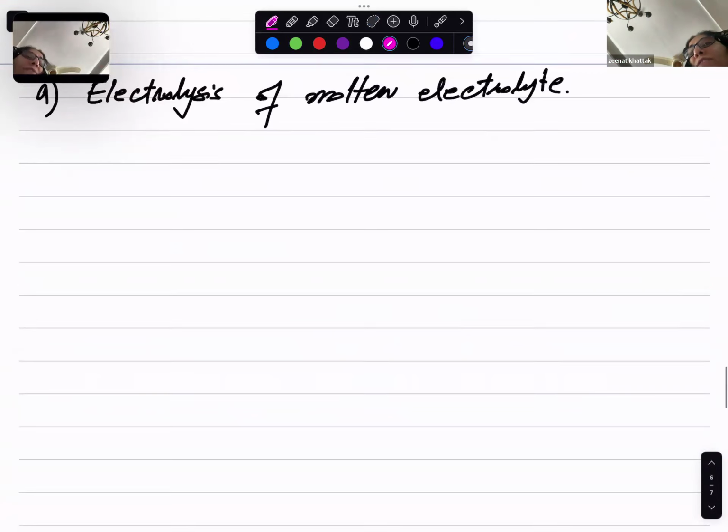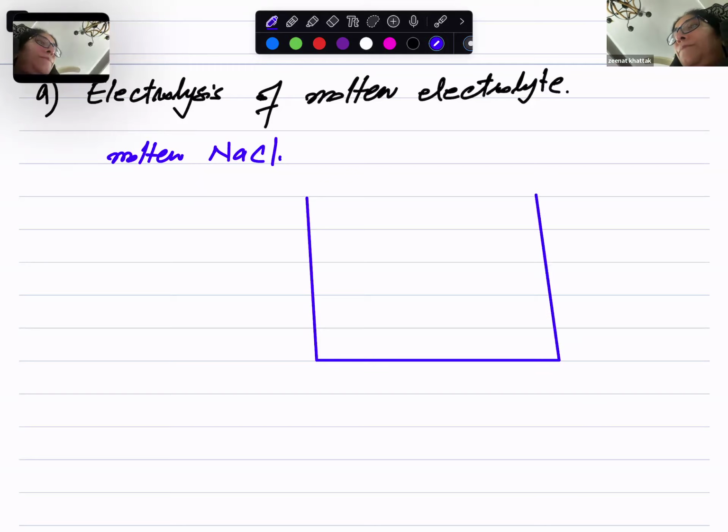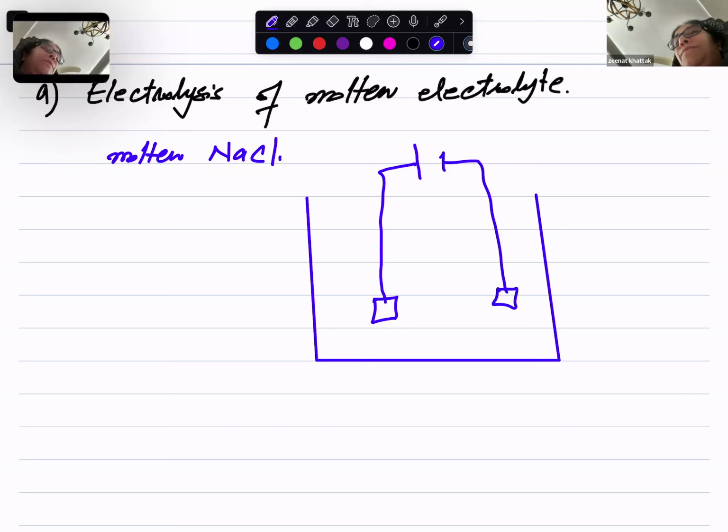For example, if I have molten sodium chloride. First, I was thinking of aluminium oxide, but first we will do sodium chloride. Now, this is your cell. This is anode. This is cathode.